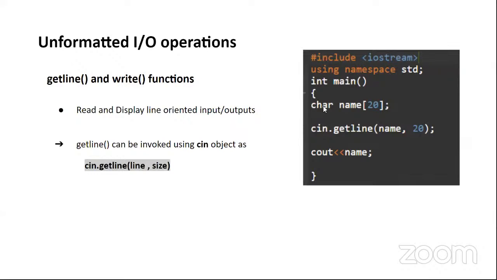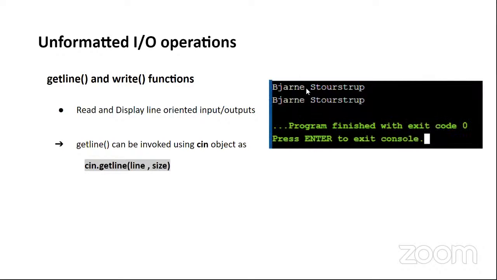So we have a character name array of size 20, and we take input from the keyboard as a line. We took Jane start stop as input, and the same is output. But we can't do this using cin, because once the blank space is encountered, the rest of the things will be discarded.